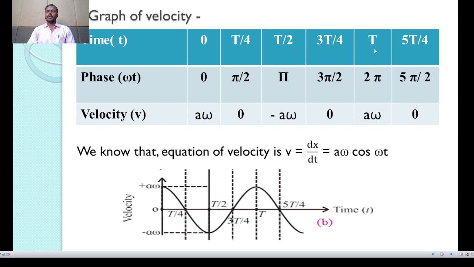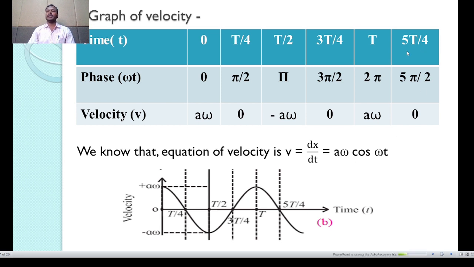So now the next point is at the time capital T, meaning periodic time, the phase becomes 2π. Cos 2π, that is cos 360, is 1. So 1 multiplied by a omega, we can write here a omega. This is nothing but a omega, the point is here.